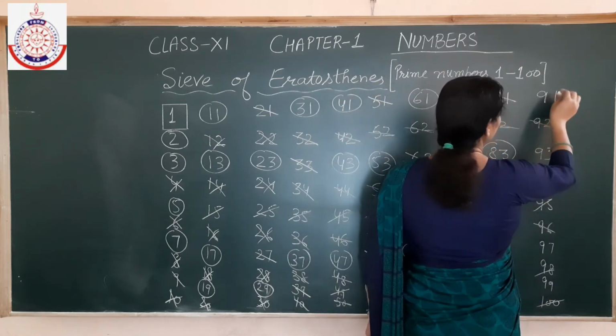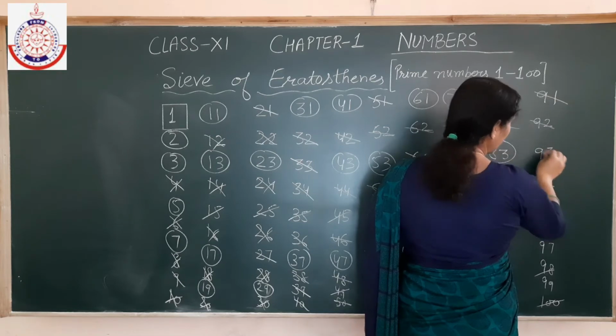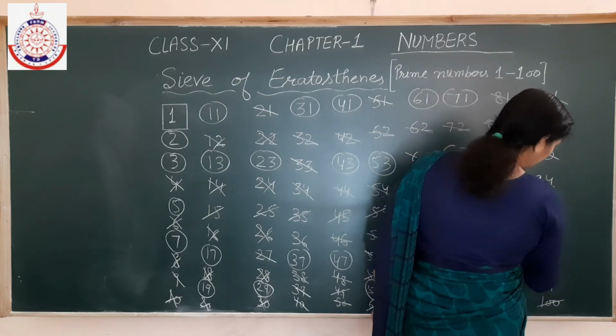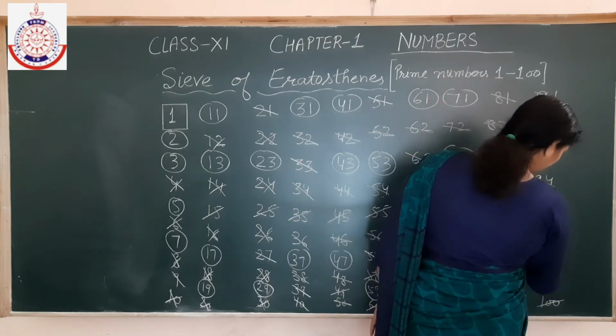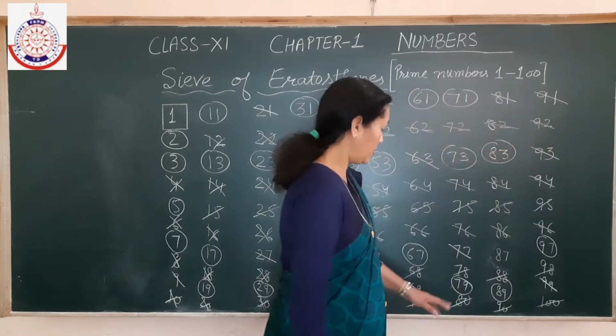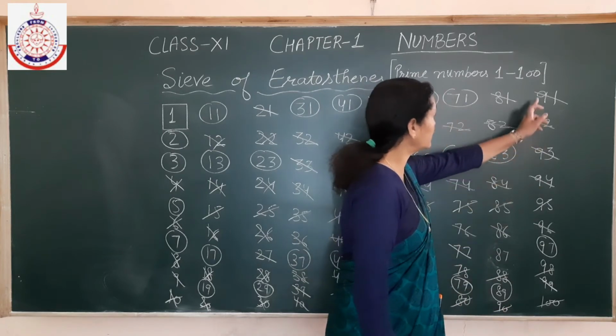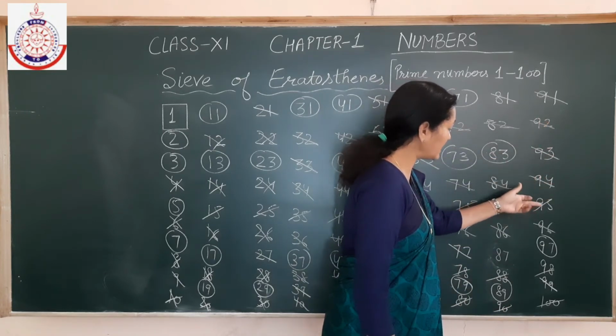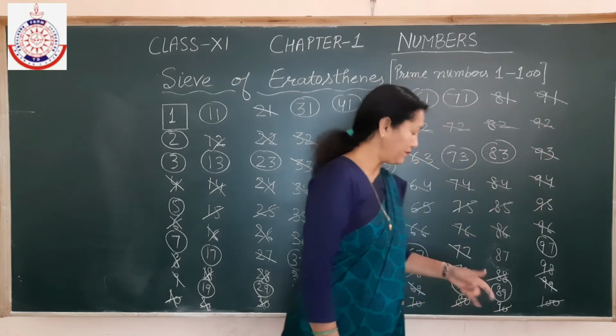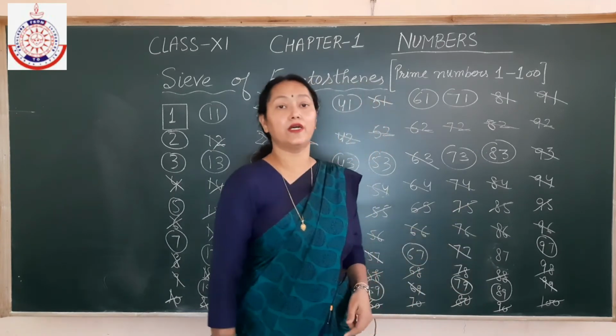Then 91 is not prime, 93 is not prime, 97 is prime. 99 is not prime. Continuously, 7 composite numbers are there between 89 and 97.